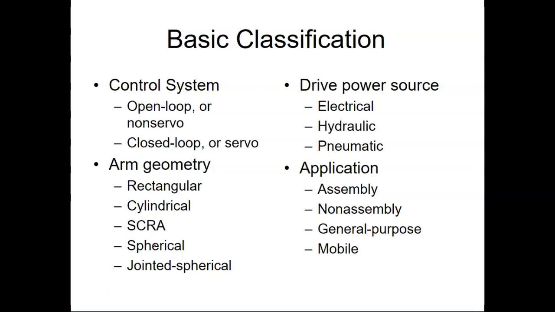Drive power source, which one is the most common? Nope. Electrical. Electrical is the most common one there is, because electrical runs through every plant in the world. I would not want to pay Mercedes' power bill.